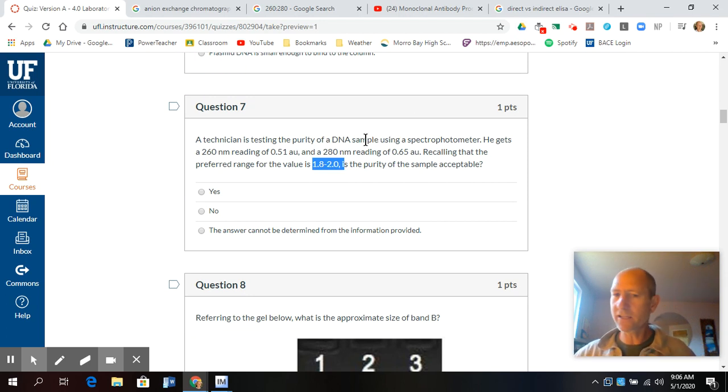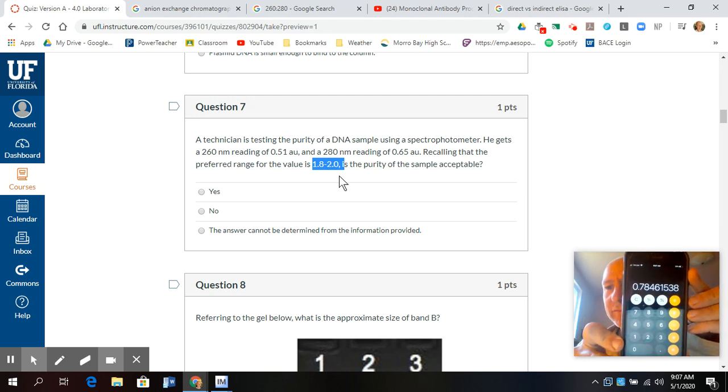So we're going to take a calculator here, and we're going to divide the absorbance at 260, which is 0.51, divided by the absorbance at 280, which is 0.65, and I get 0.78. Yeah.